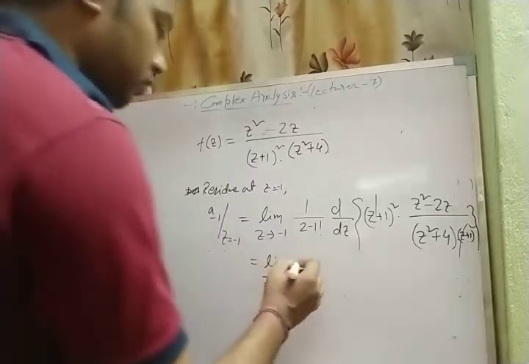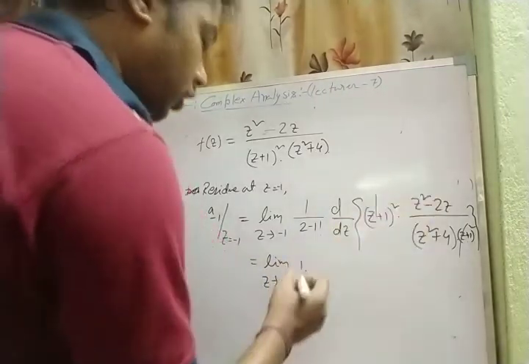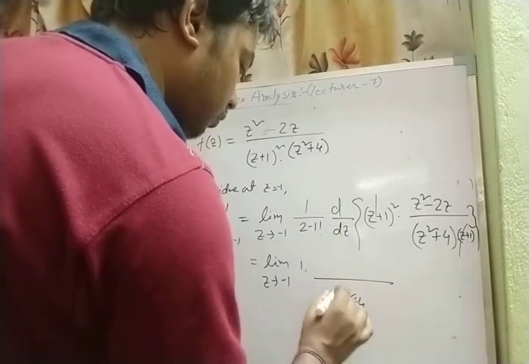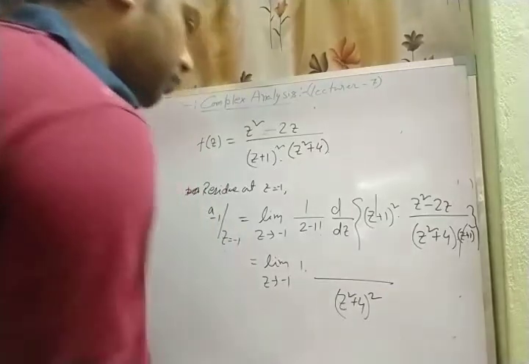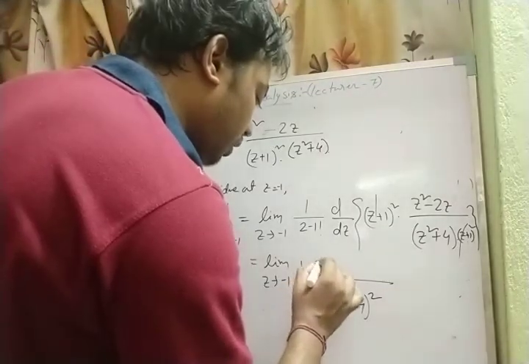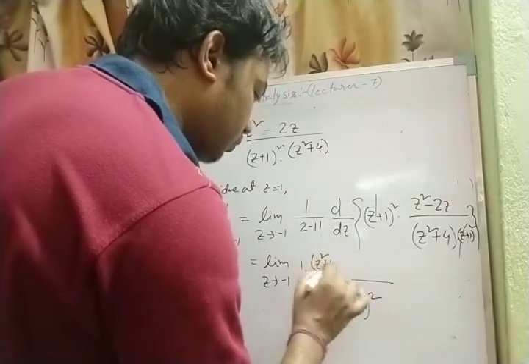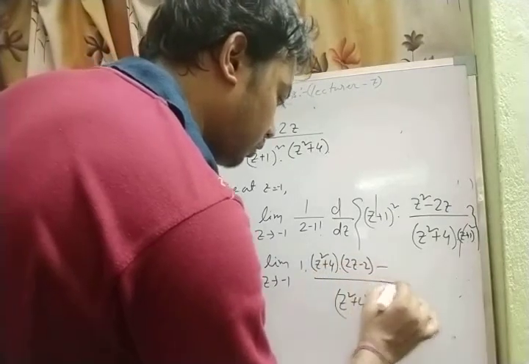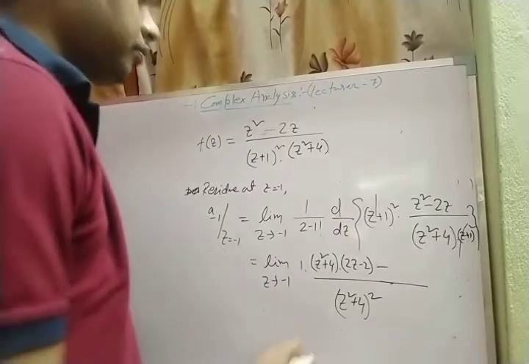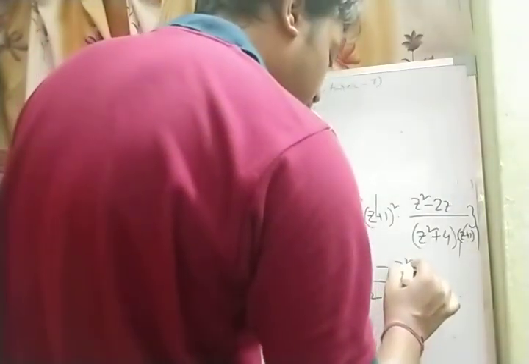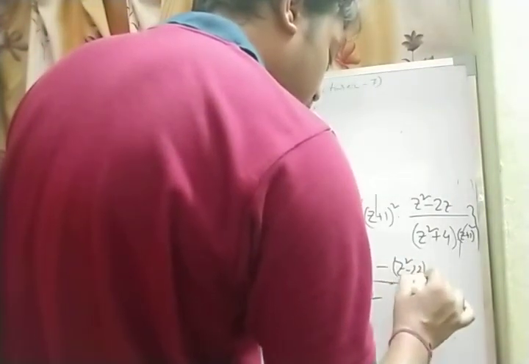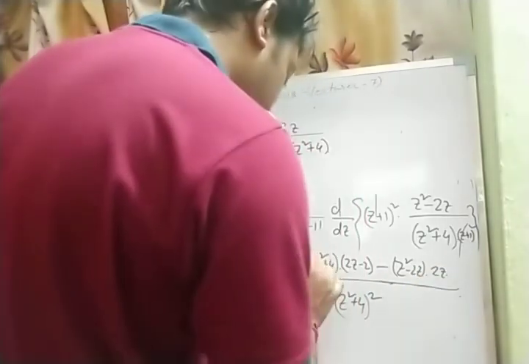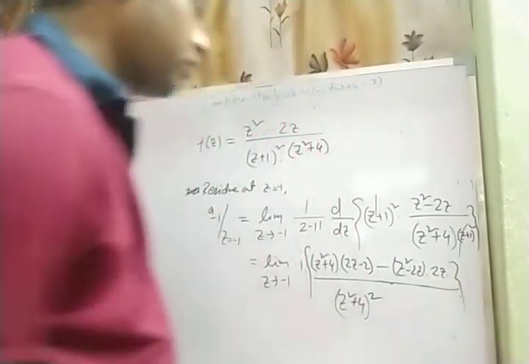This gives the limit as z tends to −1, and you have to differentiate it. So over (z² + 4)², it will be like this: (z² + 4)(2z − 2) − (z² − 2z)(2z).